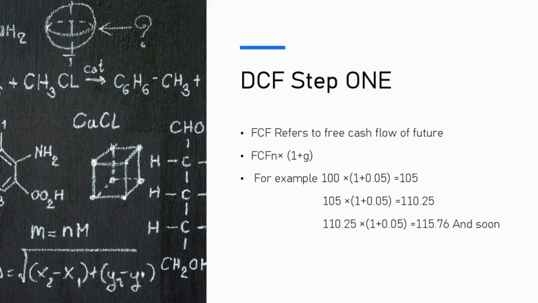We are assuming that we are in 2024 and the date is March 31st. So we are forecasting the 5 years of future cash flow, which we term FCFF, the free cash flow of future.